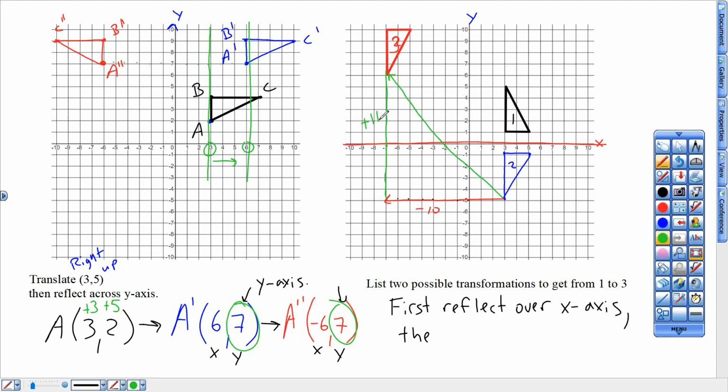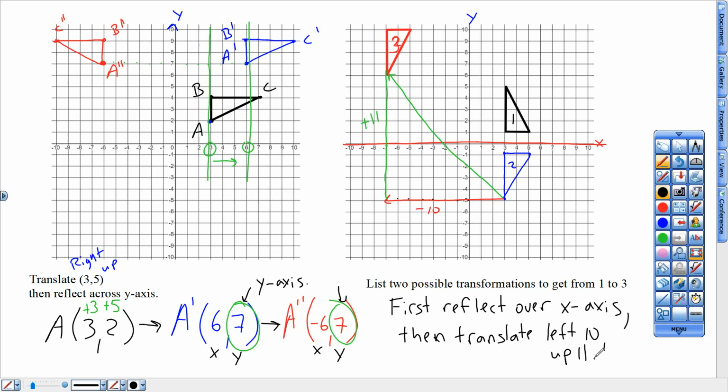Left 10, up 11. So then translate left 10, up 11. So that's how you do these mystery ones.